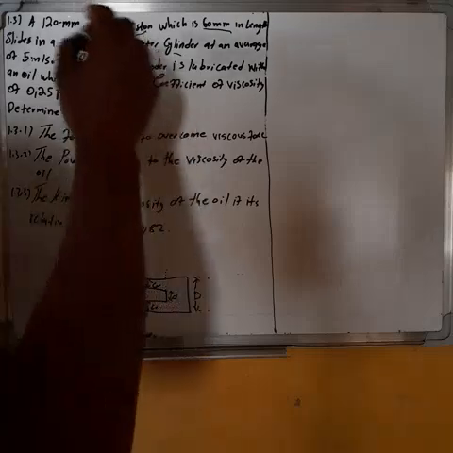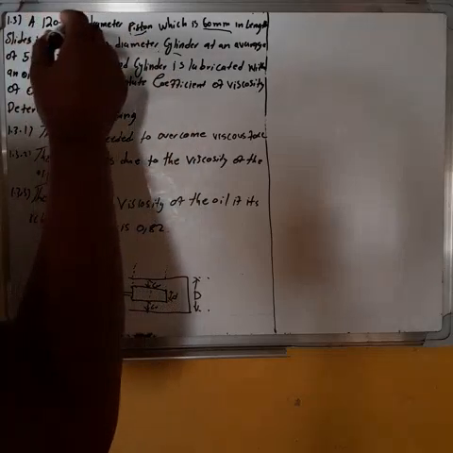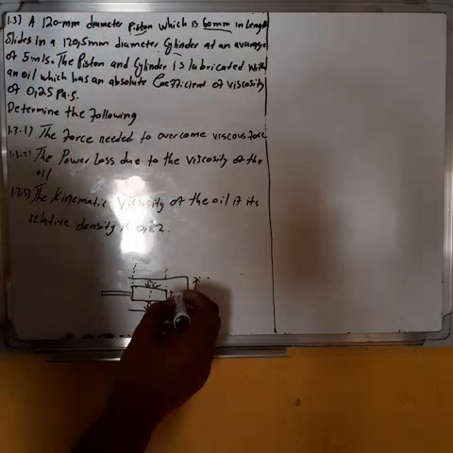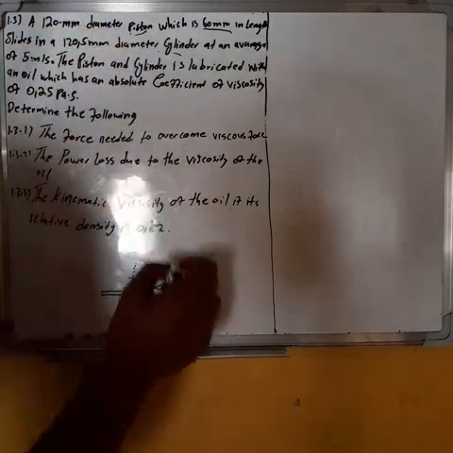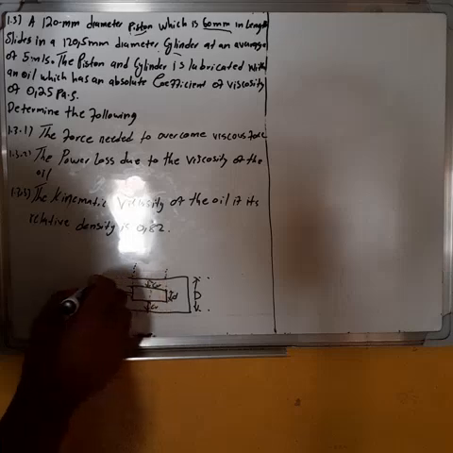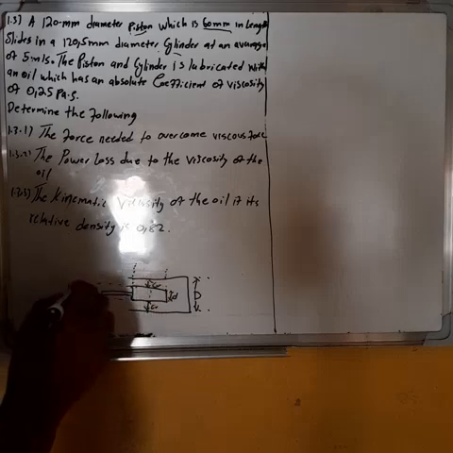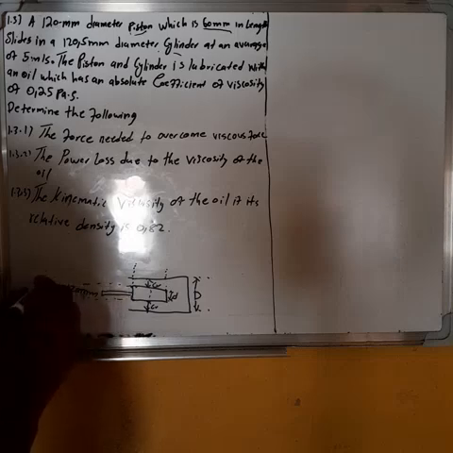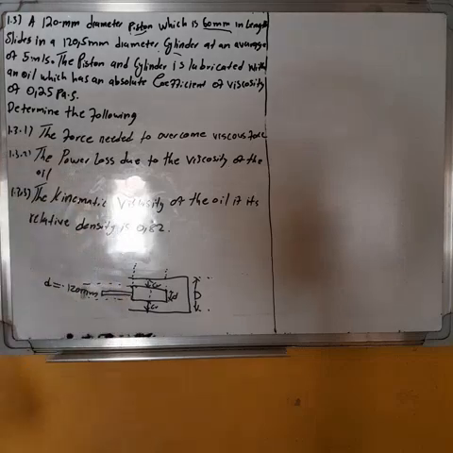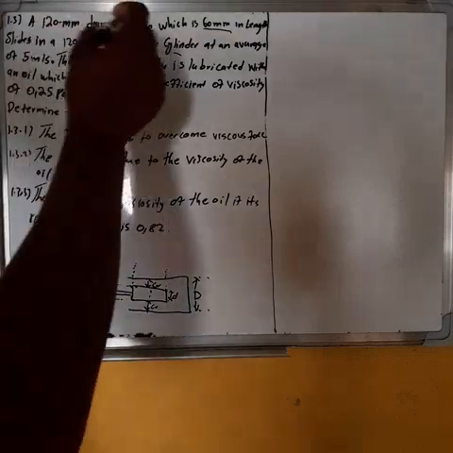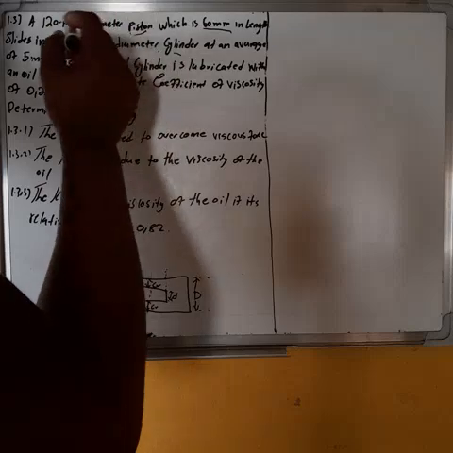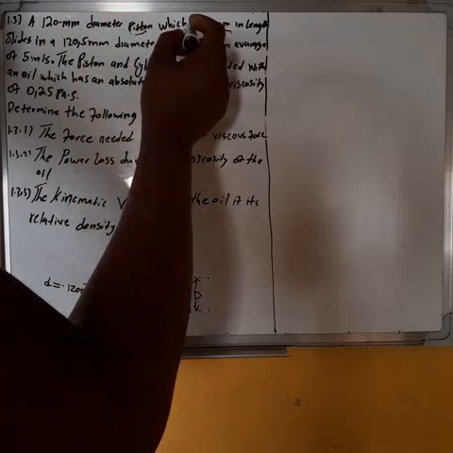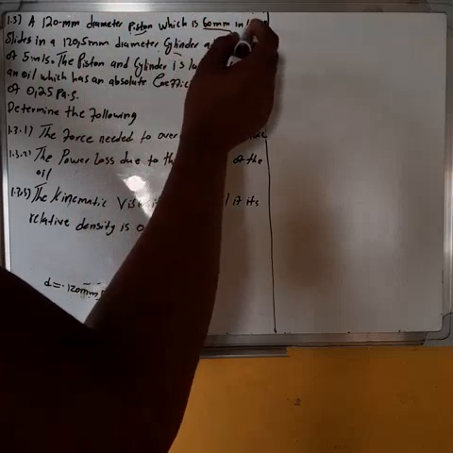Now a 120 diameter piston, we have a diameter here. We're given the diameter of this piston. They said it's 120 millimeter, small d, the diameter of the piston, which is 60 millimeter in length.